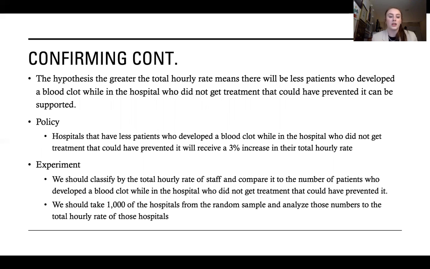And then for the experiment, we should classify hospitals by the total hourly rate of their staff and compare it to the number of blood clot patients, just to measure and see how many patients were not treated for a blood clot that they had. And then we should take 1,000 of those hospitals from the random sample and analyze those numbers against the total hourly rate of those hospitals.